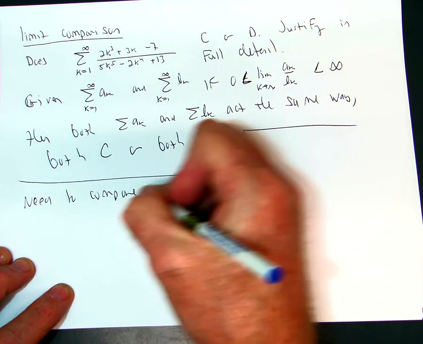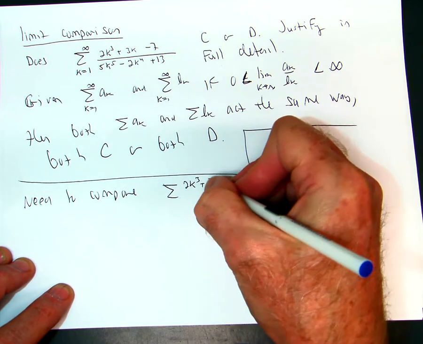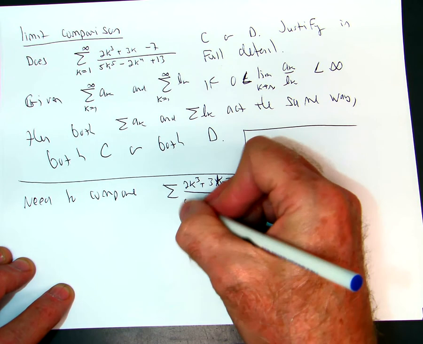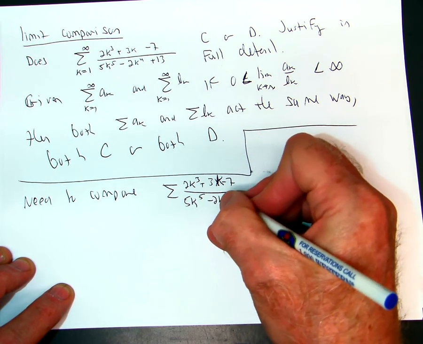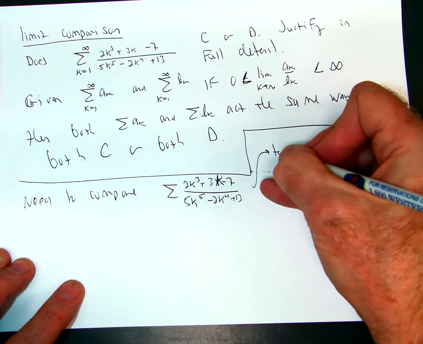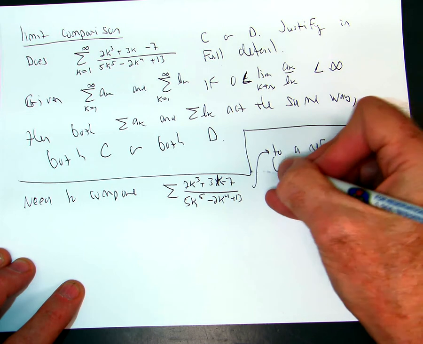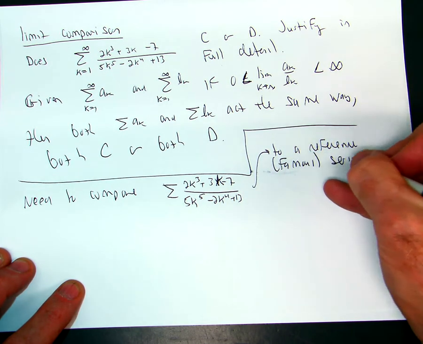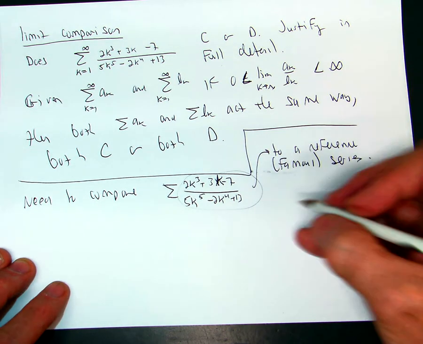Okay. So what I'm going to do is compare the given series, which should be AK, to a reference series. So what I do is take this and compare it to a P series.